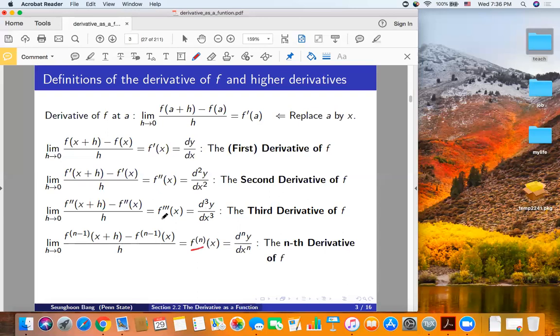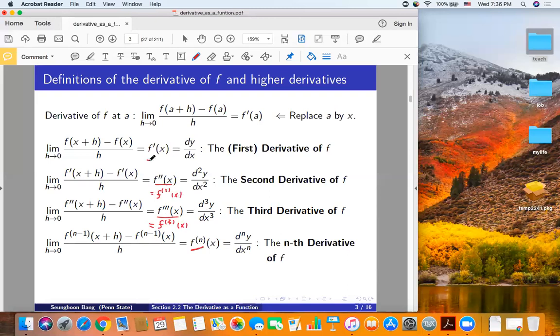So this one is exactly the same as the third derivative. You can use this notation. Third derivative, like this one. This one is the second derivative.